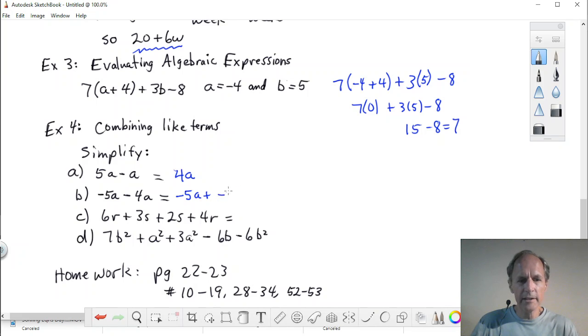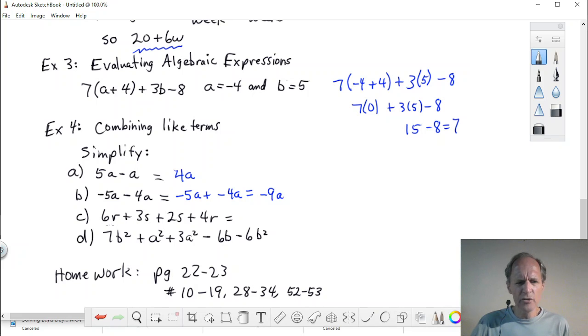Plus a negative 4a. Because now we have a negative plus a negative, so it's just going to go farther left on the number line, right? If it's already negative 5, then we're adding negative 4 to that, ends up negative 9, and negative 9a.